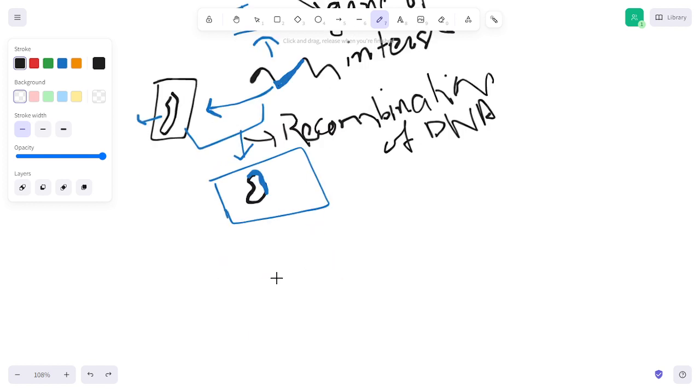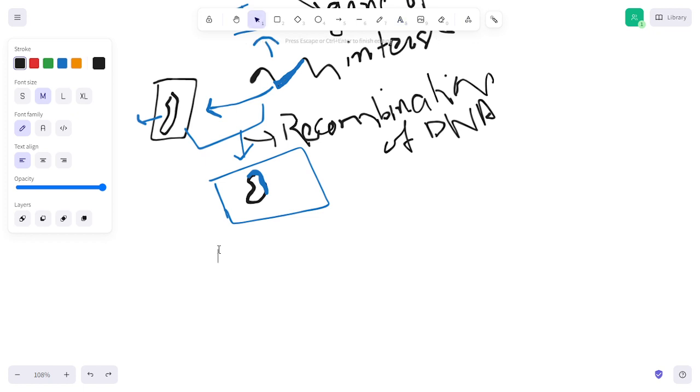To recombine the DNA, the technique which is called to recombine DNA of two other sources.